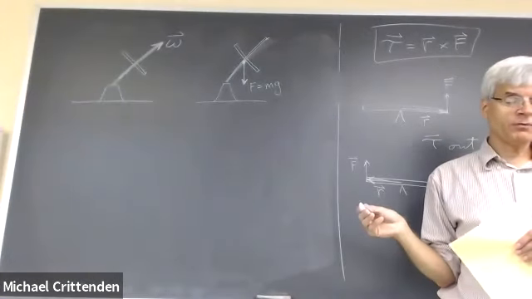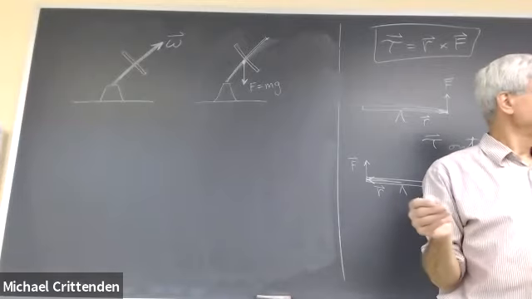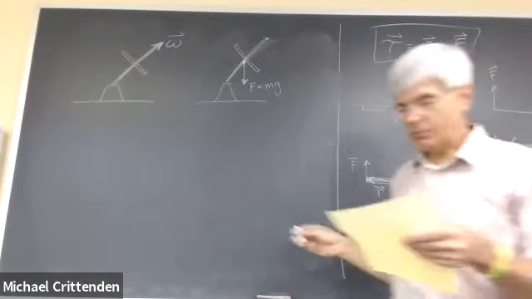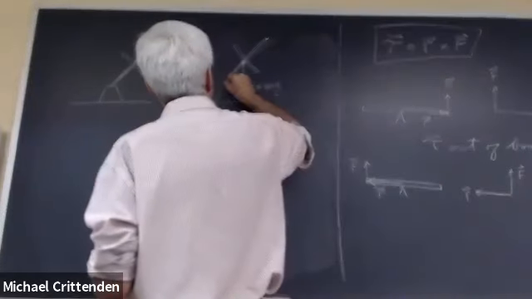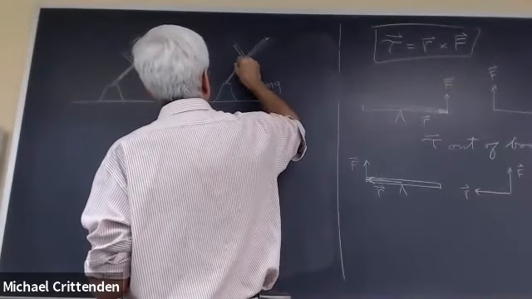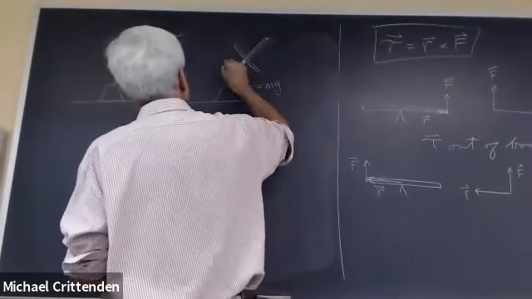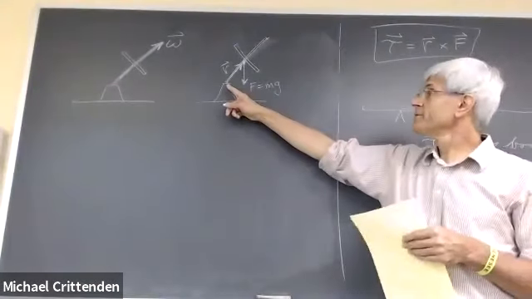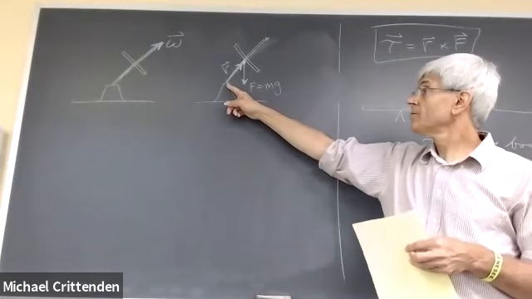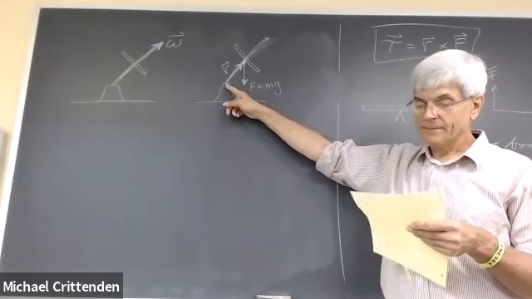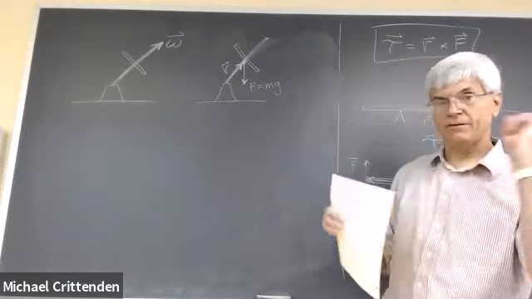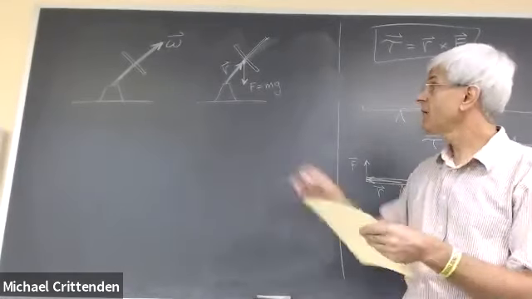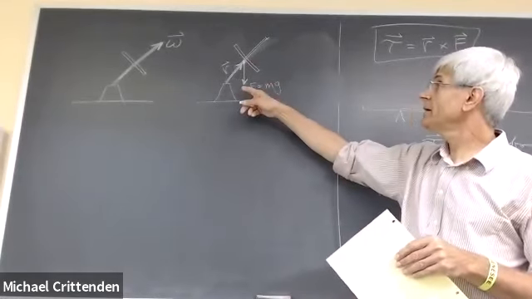So the gyroscope's weight, mg, can be thought of as acting at that point. And that's the radius vector from where it's supported here, the point that it pivots around as it precesses. The radius vector from there to there is that.